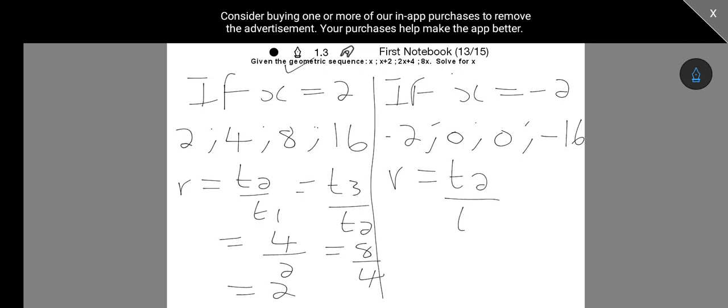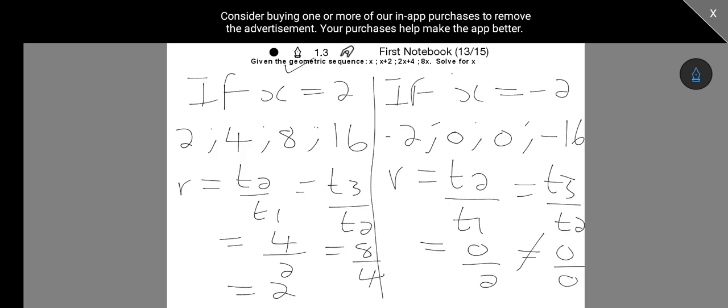That is T2 over T1 is equal to T3 over T2. What is T2? T2 is 0. 0 over negative 2 is equal to 0 over 0. Well, 0 over 0 is undefined.